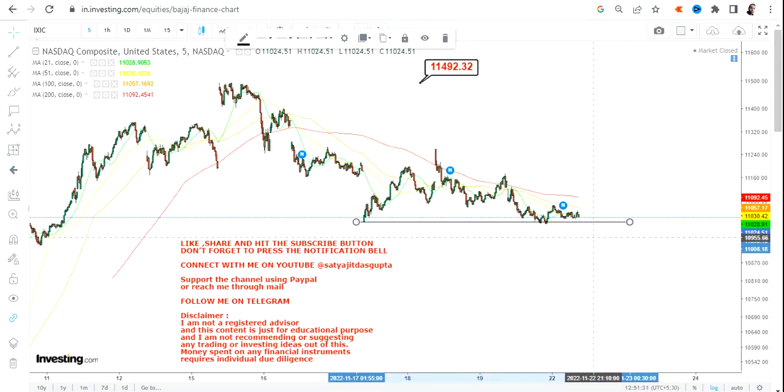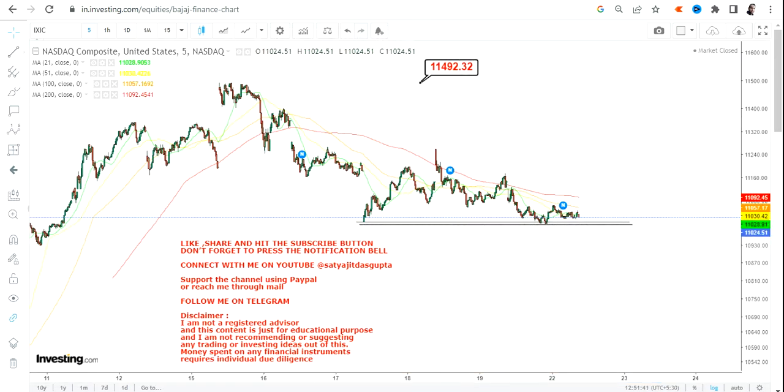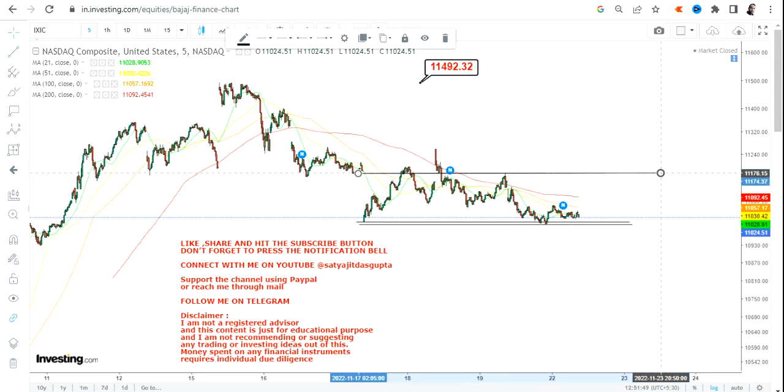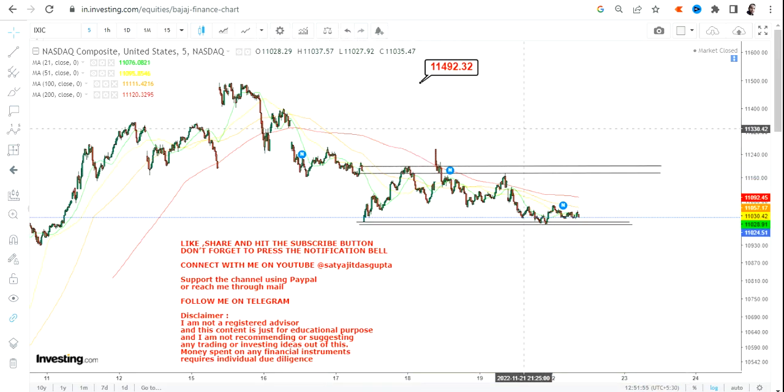Okay, so the trend looks much more negative right now, although the respite is it is trading very near to the support. So if there is any short term move or intraday move, then this is the level. But looking at the kind of price structure we have here, the chances of going down are much more comparable to the chances of going up.